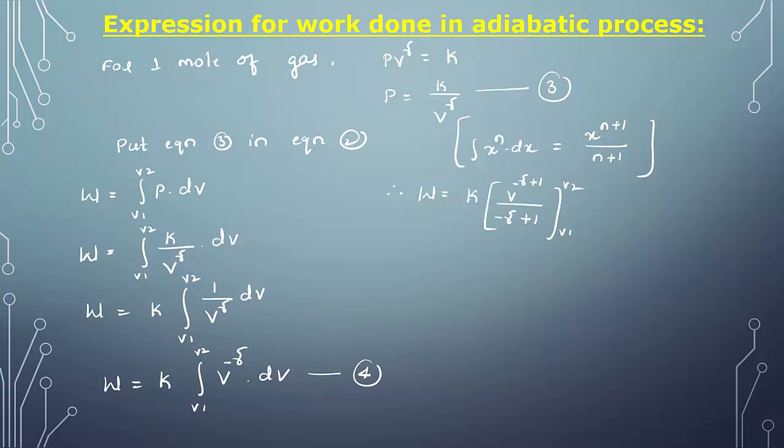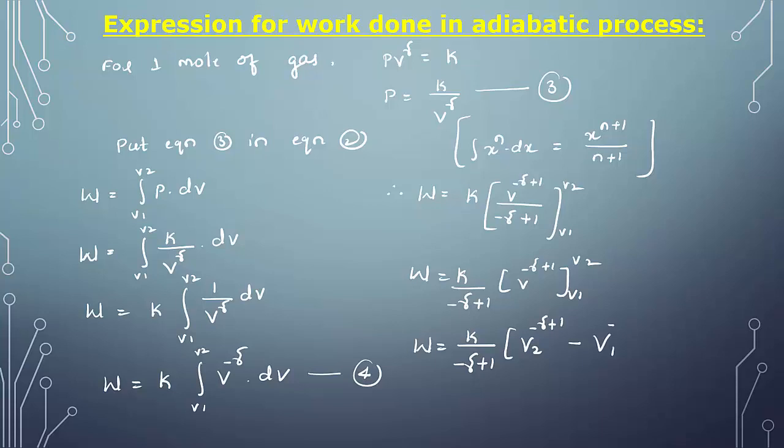Or we can write W equal to, before applying the limit, we can take that minus gamma plus 1 outside, remaining is V raised to minus gamma plus 1 from the limit V1 to V2. Now it is easy to apply the limit: K divided by minus gamma plus 1 into, upper limit minus lower limit, V2 raised to minus gamma plus 1 minus V1 raised to minus gamma plus 1. Let us take it as equation number 5.